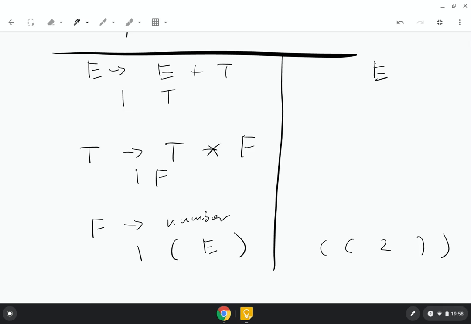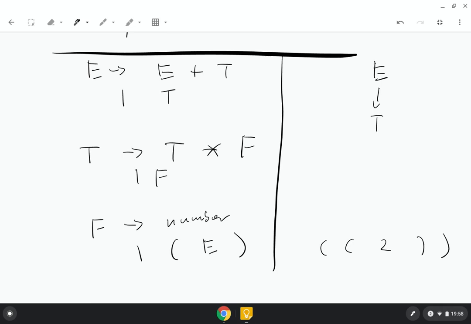Well, there's only two productions for E. There's E plus T, and there's just T. So which of these productions can replace E? Say again? T. Yeah, so there's no plus symbol in our string, so there's no way it could be E plus T. The only other option is T. I mean, maybe there's no derivation of this string.